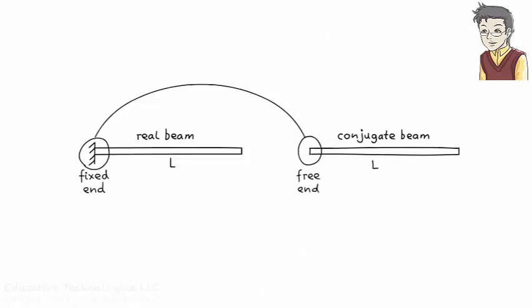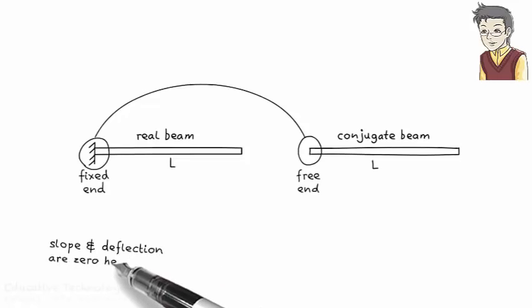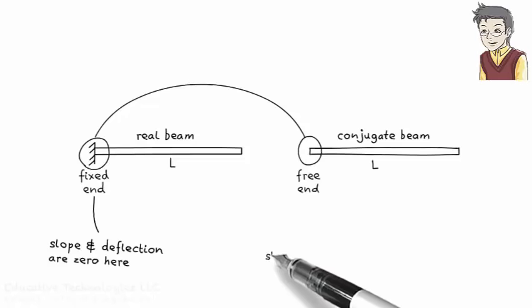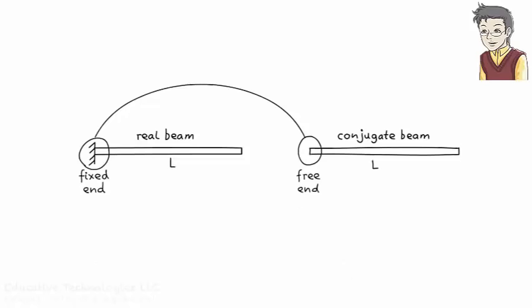Since slope and deflection at the fixed end of a real beam are zero, then shear and moment at that end in the conjugate beam must also be zero. The only end condition that produces zero shear and zero moment is a free end. That is, there is no shear or moment at the free end of the beam. Therefore, the conjugate beam must have a free end where the real beam is fixed.